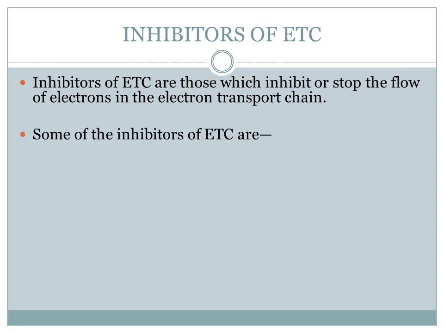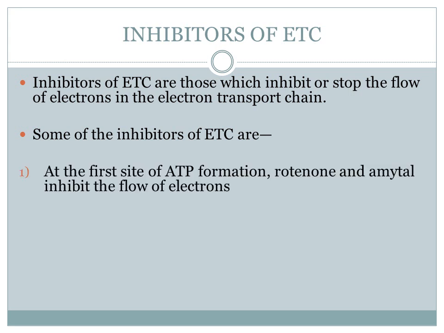Okay, we'll take some examples. There are many inhibitors of electron transport that are poisons. We call them poisons. At the first site of ATP formation, the chemicals rotenone and amytal inhibit the flow of electrons. There are many more; two examples are given here.